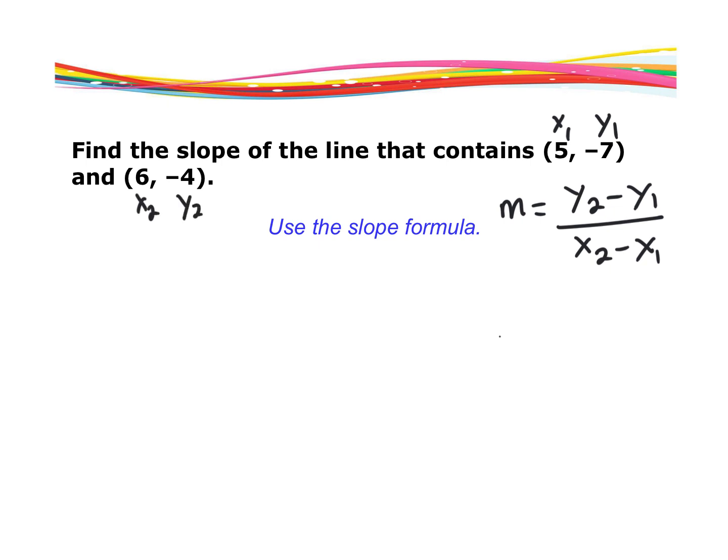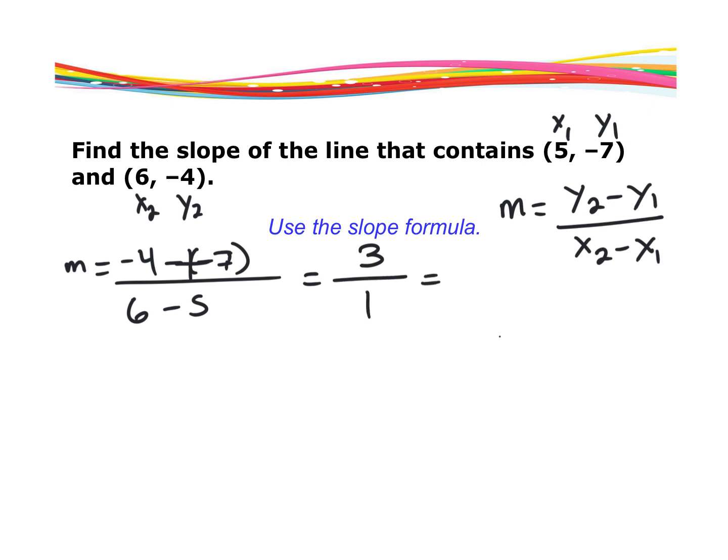So if we do that, we're going to get that the slope is negative 4 minus negative 7 over 6 minus 5. That minus negative becomes a positive. It's going to give us 3 over 1, which simplifies to 3.